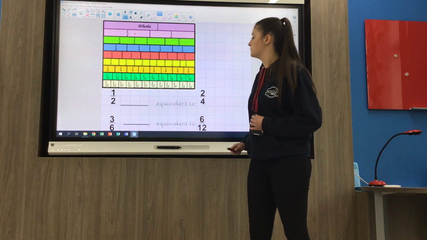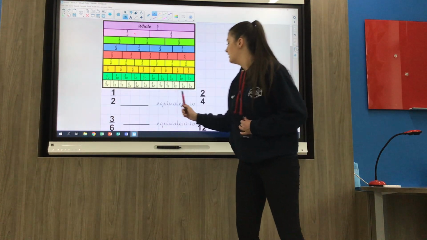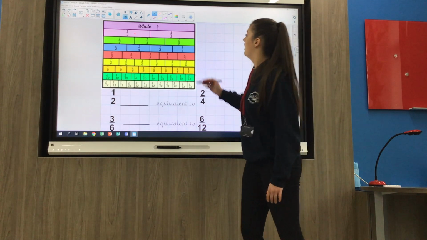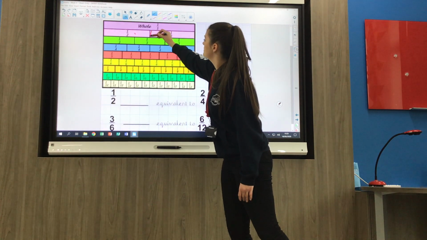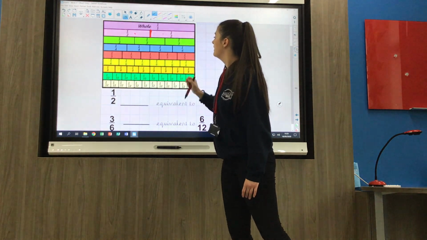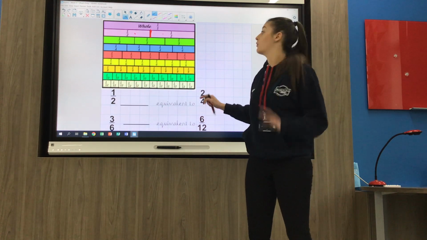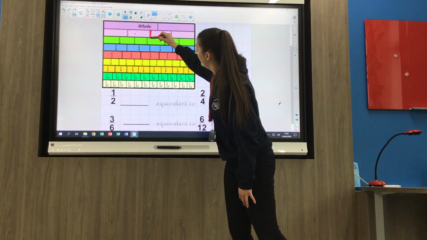So if I use my fraction wall, it's saying a half is equivalent to 2 quarters. So I'm going to find a half. There's my half. So I'm going to use this line on my fraction wall. I'm going to follow it down to the quarters where it's been split into 4 equal parts. So I'll follow that line down.